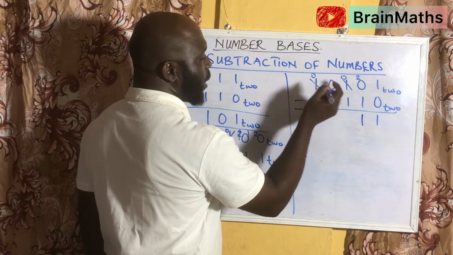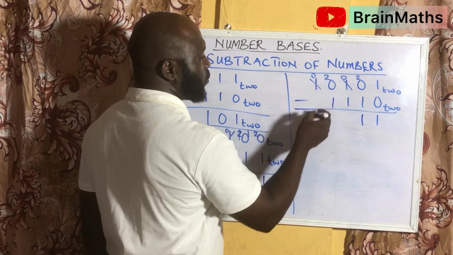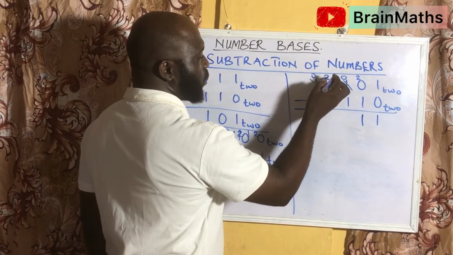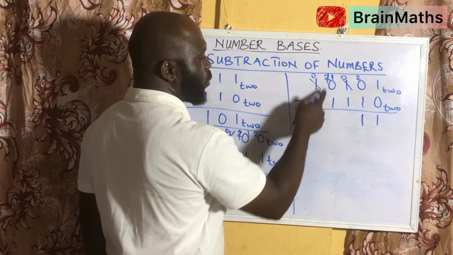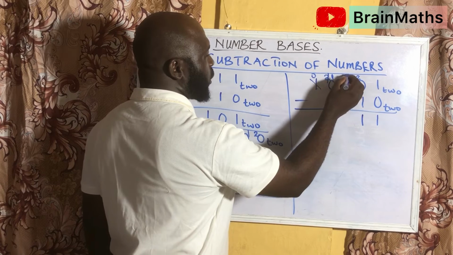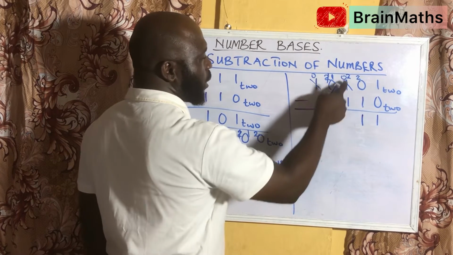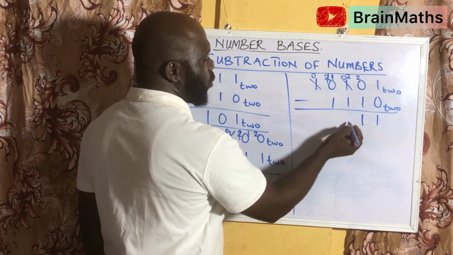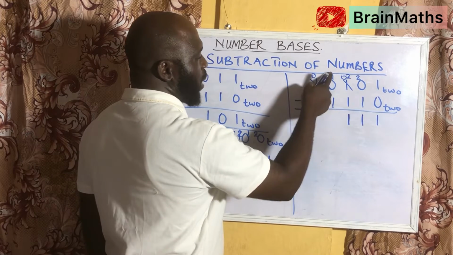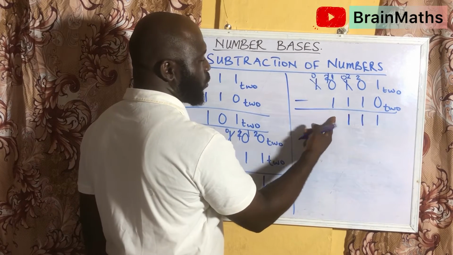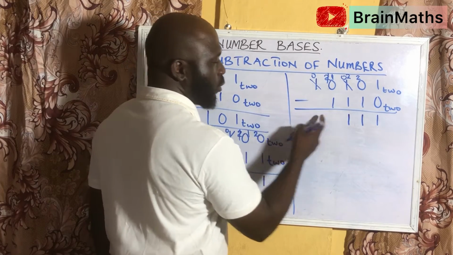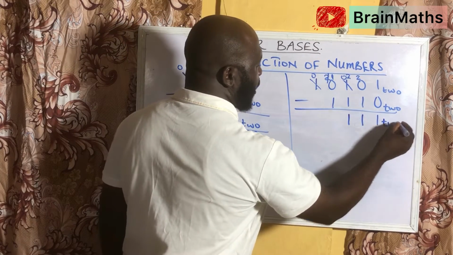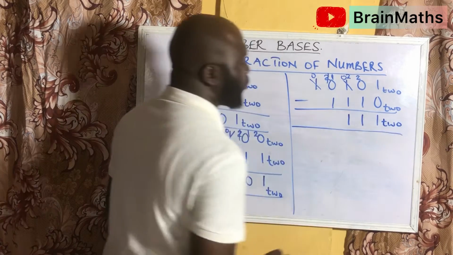Put the 1 here, it becomes 2. We are still coming to this place. So we take another 1 from here, it remains 1. The one taken from here, when you put it here, it becomes 2. Then 2 minus 1 will give us 1. 1 minus 1 is 0. We don't need to write it since our last number is also 0. So this is our answer in base 2.